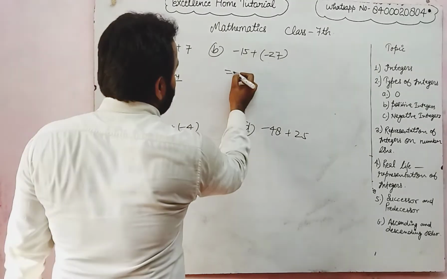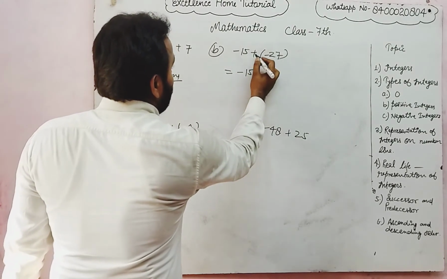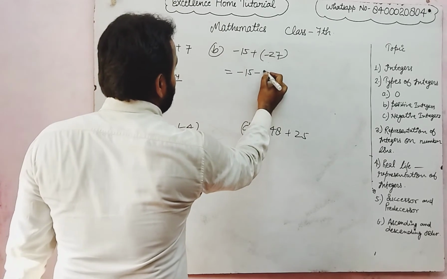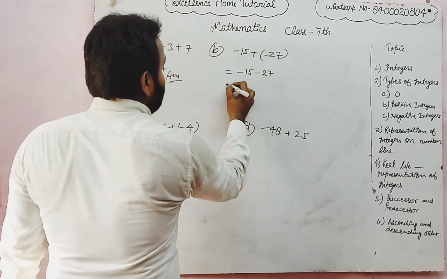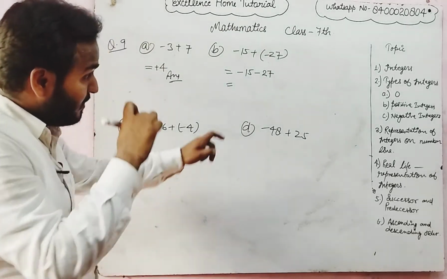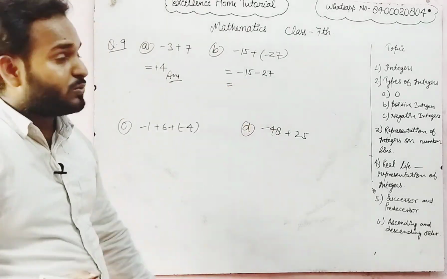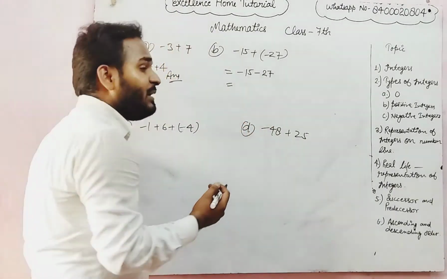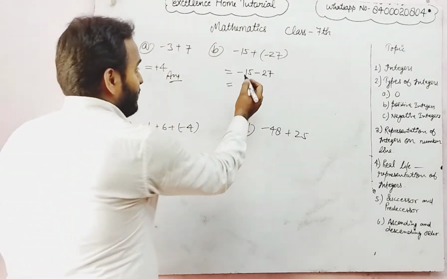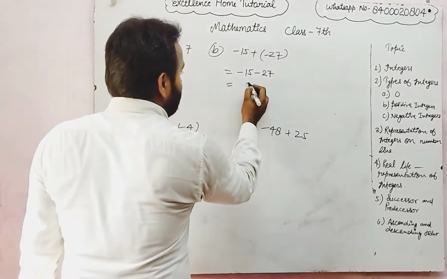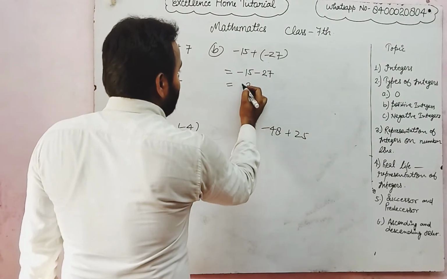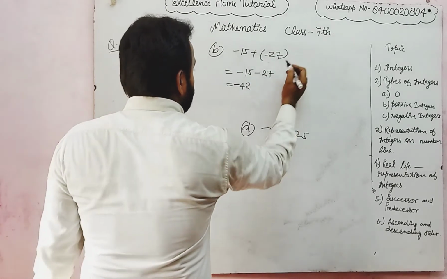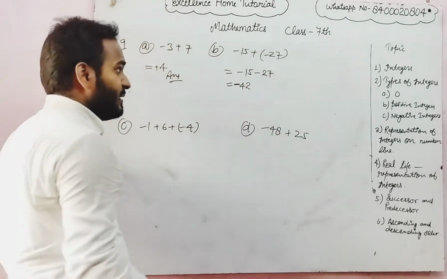And in this question -15 and plus minus, we have to multiply plus and minus, so minus is applied. And in this question, both are negative numbers, so in the same sign we have to apply addition. So 5 plus 7 is 12, and the negative sign, that is minus sign, we have to apply.